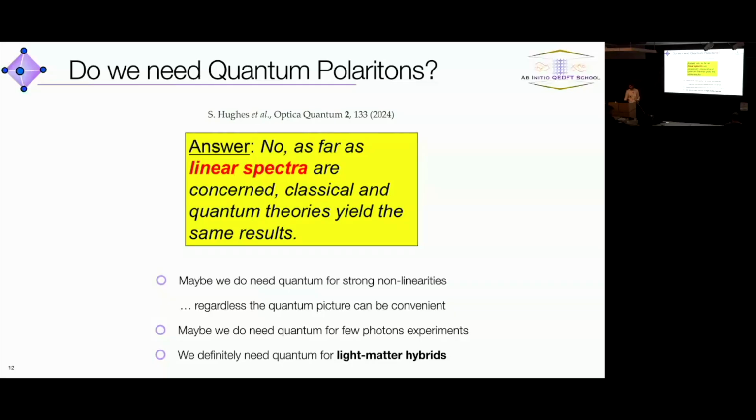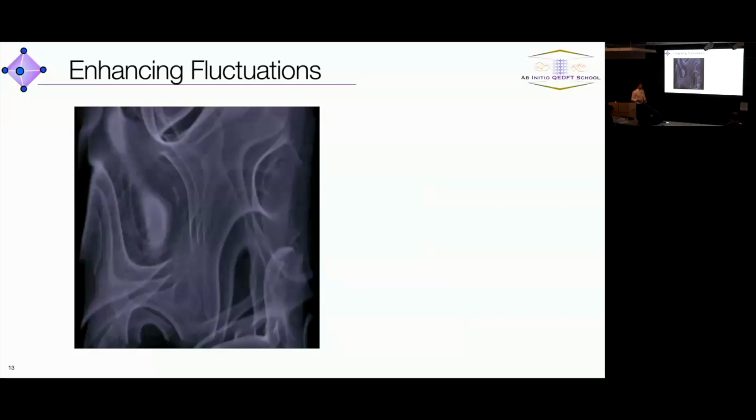Okay, so that's the motivation. But a sure thing is that if you want to observe any of this, you need to make the coupling between light and matter strong. And what is the way that we can do that? Well, you have seen how to quantize the field in free space.